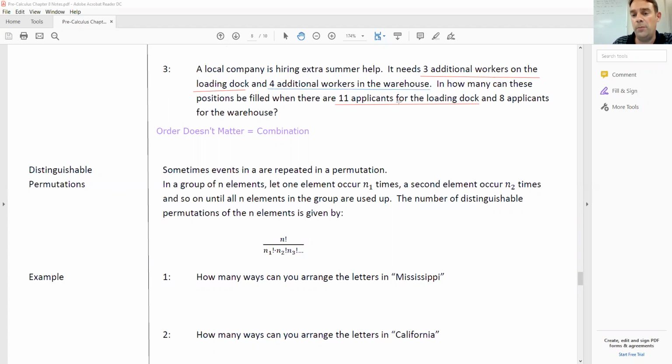If order doesn't matter and we're just creating groups, then instead of nPr, now we're going to be doing nCr, because order doesn't matter. So 11C3 for the loading dock, 8C4 for the warehouses. They are actually filling a team that they can choose from, so they have those additional workers.